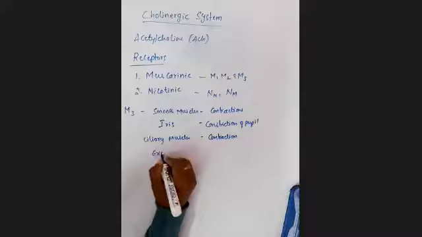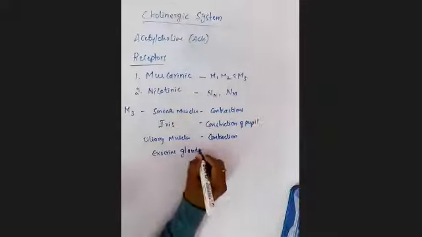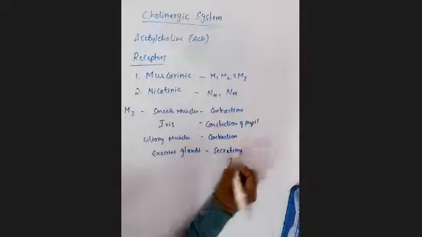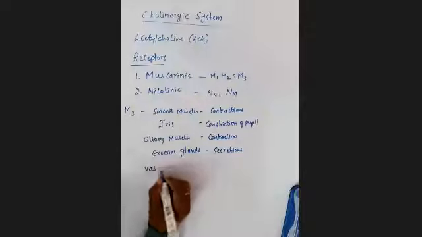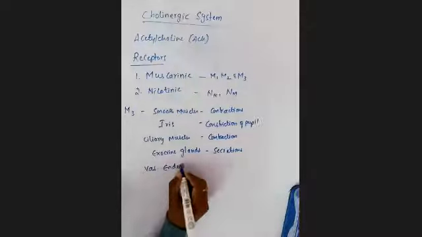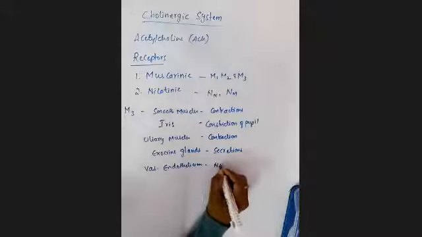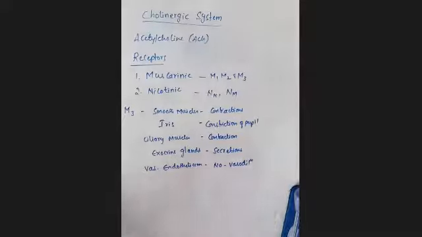Next, in exocrine glands, it causes secretions from these glands. It is also present in the vascular endothelium, causing the release of nitric oxide, which leads to vasodilation.